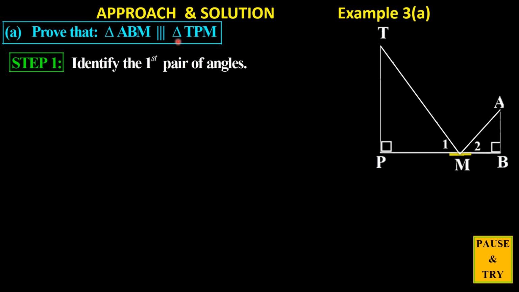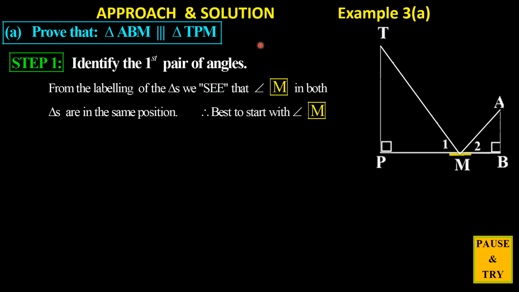ABM, TPM. We can see the letter M occurs in both, and it's in the last position. So that is an indication that we need to start with angle M. Okay, so let's look at angle M, and we were given that M1 was equal to M2. Therefore, M1 is equal to M2, that is given.